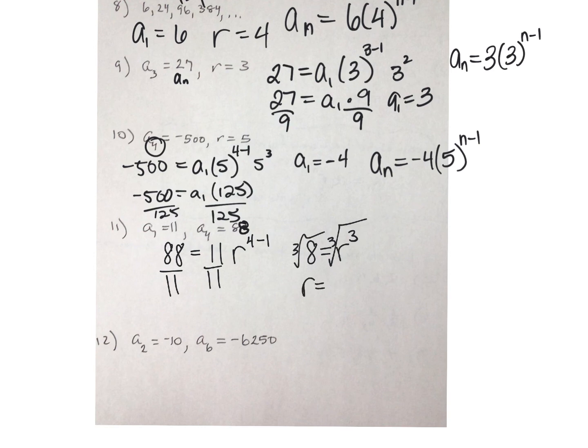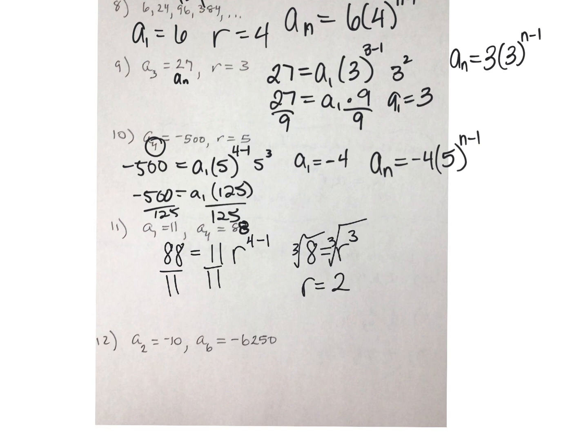So r is plus or minus. No, never mind. It's not a plus or minus. It's just 2. But if it was an even root, we could get a positive or a negative. And so then we would have to write two rules, one with the positive and one with the negative, because we don't know which one it is.